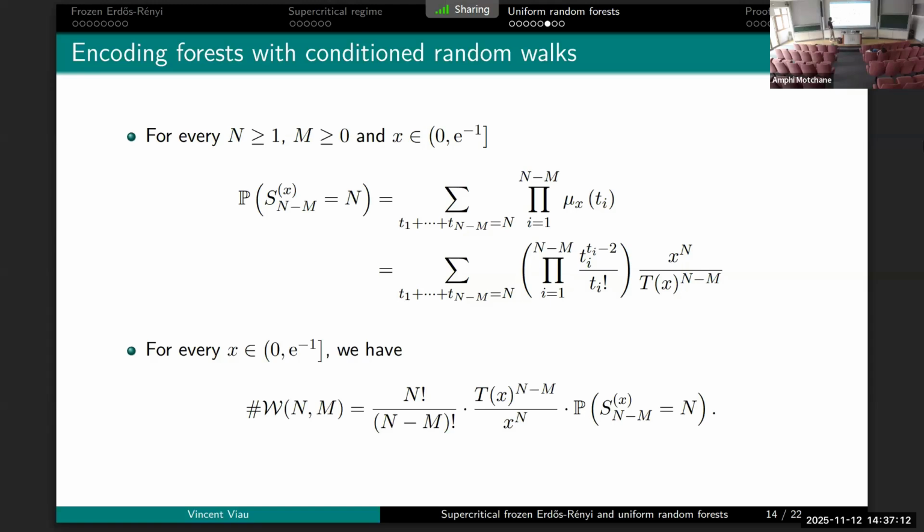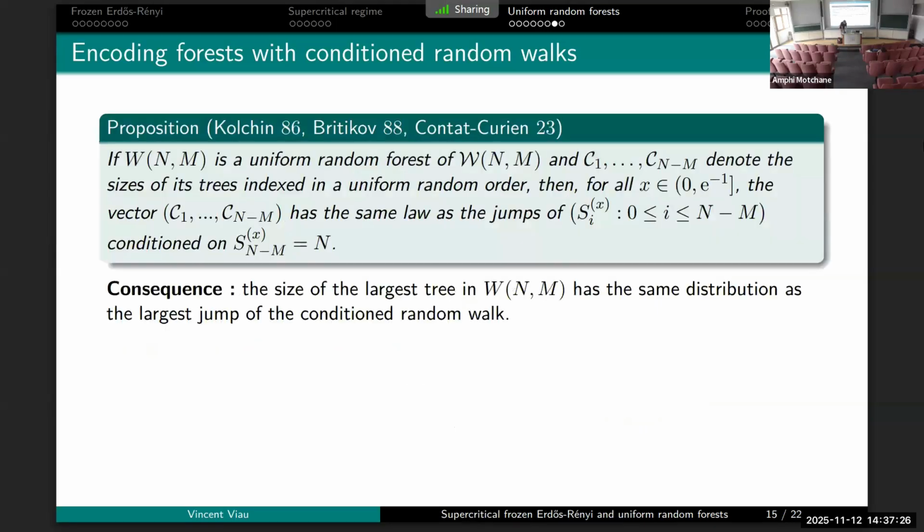Yeah, exactly. And more generally, since we only consider the trajectories such that their sum ends up at state n, what we can say is that if you look at a uniform random forest with n vertices and m edges, the sizes of the trees in this uniform random forest have the same distribution as the jumps of this random walk, but conditioned on the event where the walk ends up at state n after n minus m jumps.